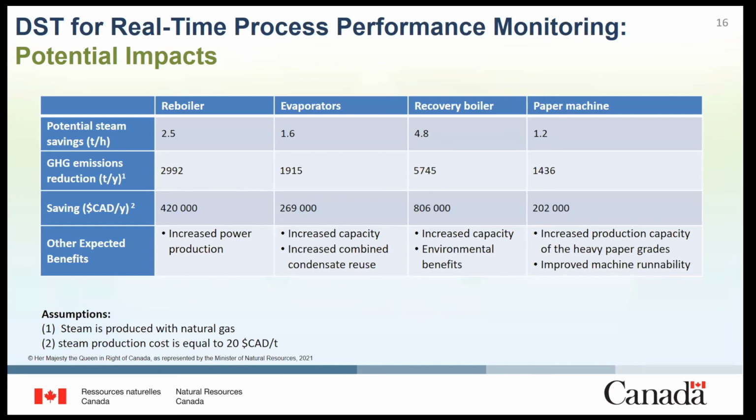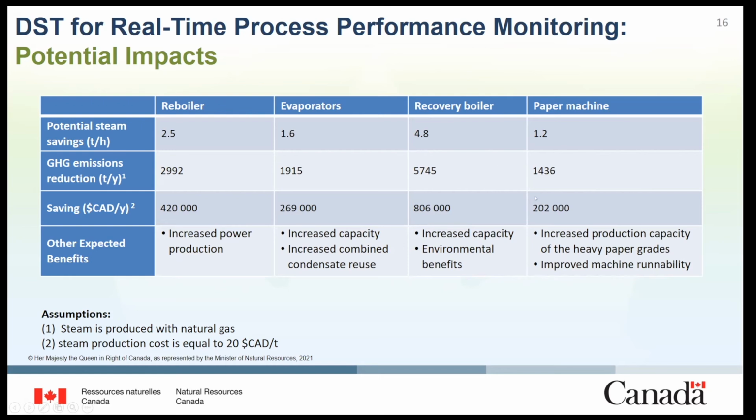In terms of potential impacts, the impacts are case specific. For the case studies that we made, we estimated potential steam savings of about 2.5 tons per hour for the boiler system, 1.6 for the evaporators, 4.8 for the recovery boiler, and 1.2 tons per hour for the paper machine.